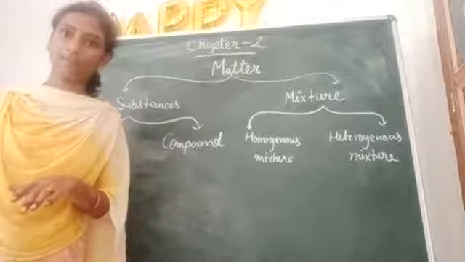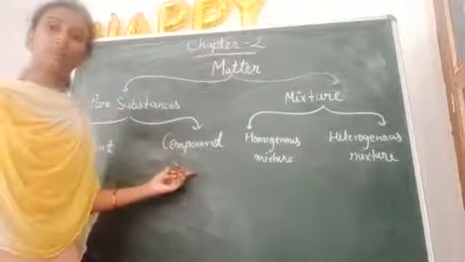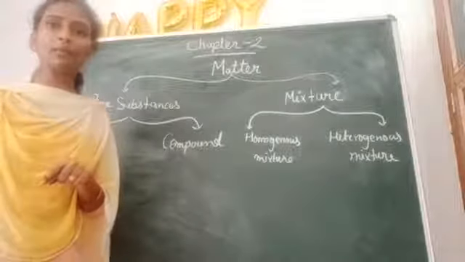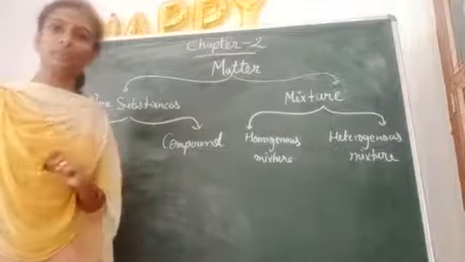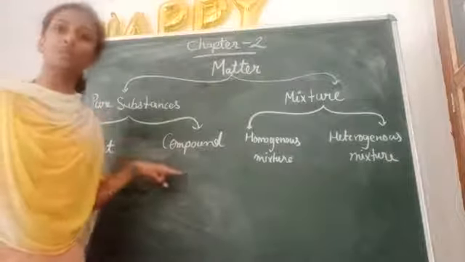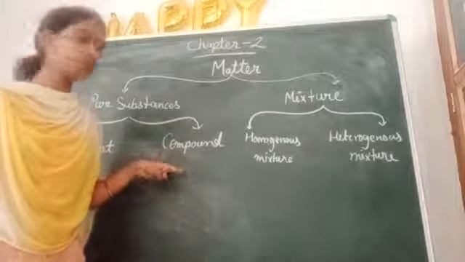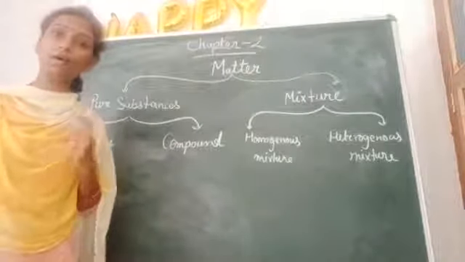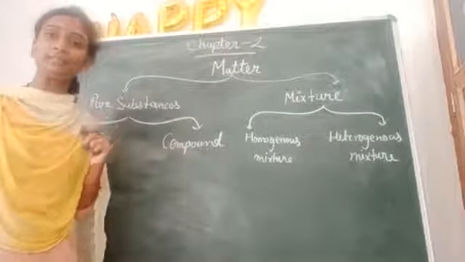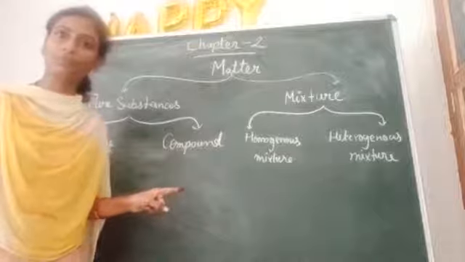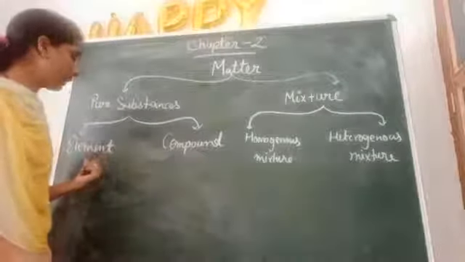Whereas a compound like water cannot be broken down physically, but it can be broken down chemically, by different chemical reactions. Like CO2, carbon dioxide, these can be broken down chemically but not physically. So that is the difference between element and compound.